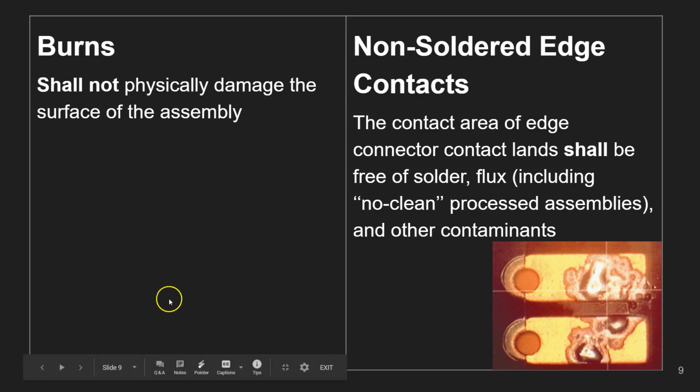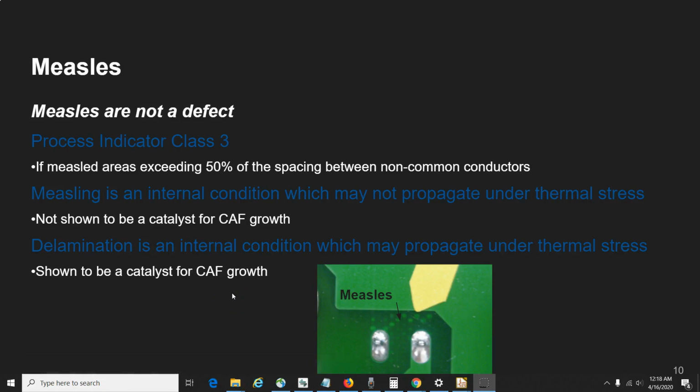This slide talks about measles, and measles is shown here in this PCB. The white spots you see are the measles. Basically, measling is the presence of these white spots in the PCB, in the laminate interior.